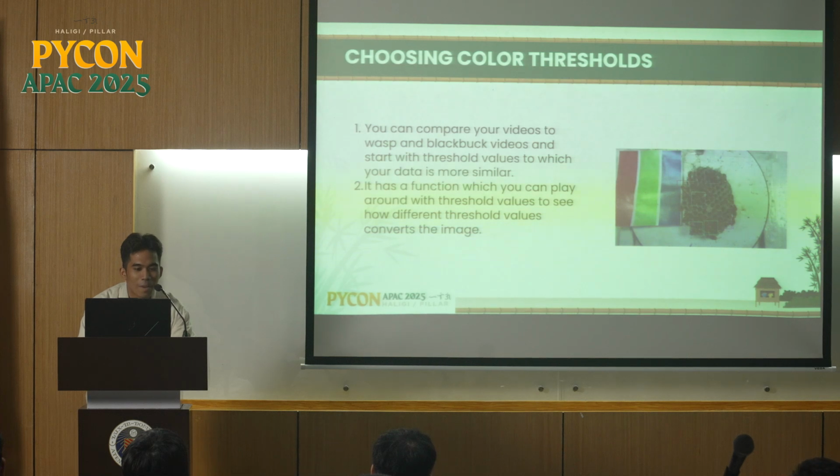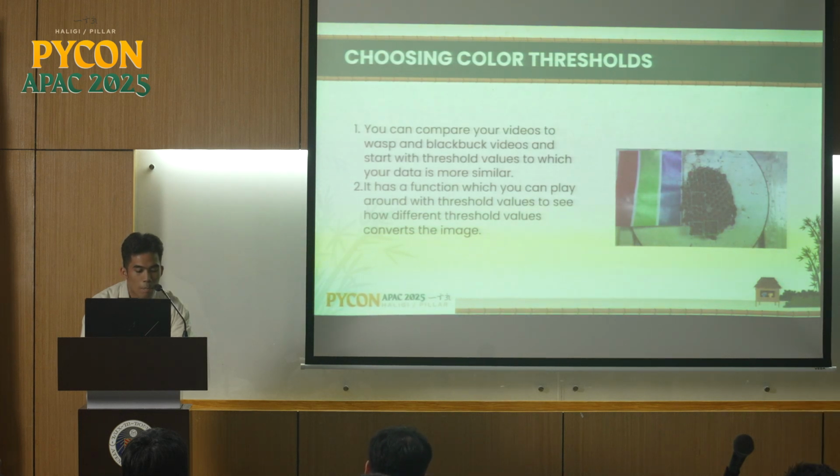So you can compare, in choosing color thresholds, object detection in MOT works in two steps. It first uses a color filter to identify the regions in the image in which to run the classification. We use color threshold to select these regions. There are two ways to select appropriate thresholds. One is a function which you can play around with threshold values to see how different threshold values convert the image.